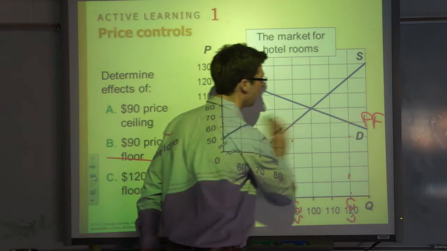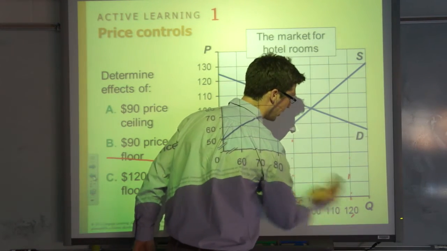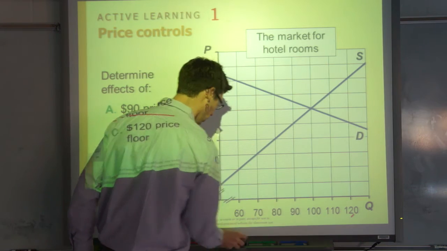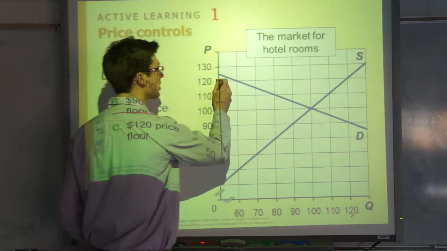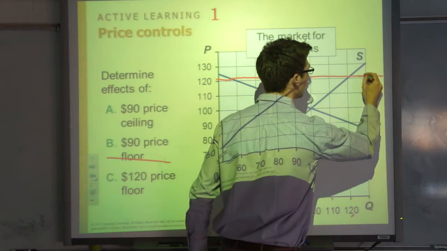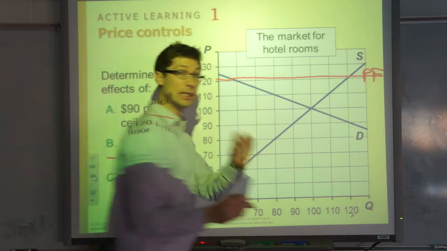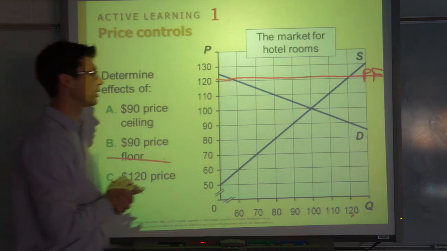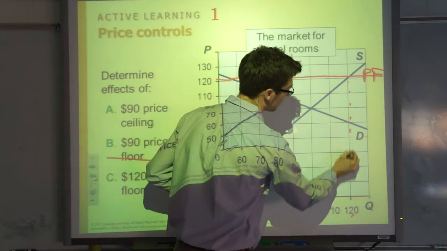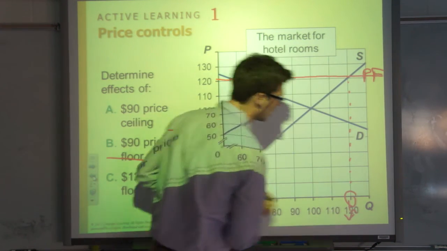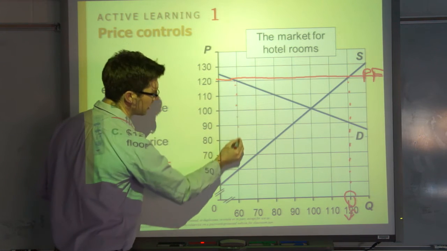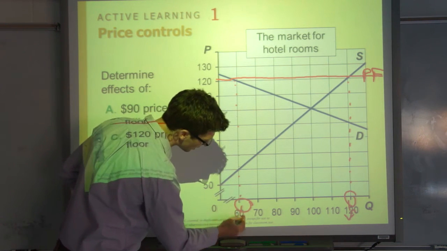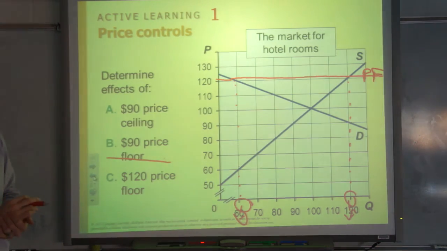But what if, instead of that being our price floor, we set a price floor above the equilibrium? What if we said it was $120? Okay, you can't legally find a hotel room for less than $120. Well, that means our quantity supplied is going to go up. That's how producers respond. Higher prices mean higher willingness to supply. Quantity demanded goes down.